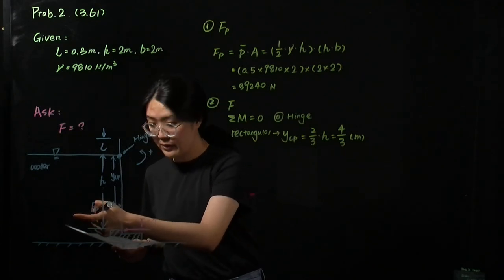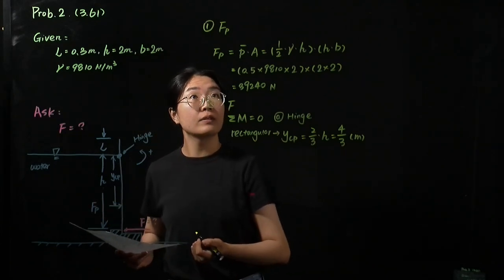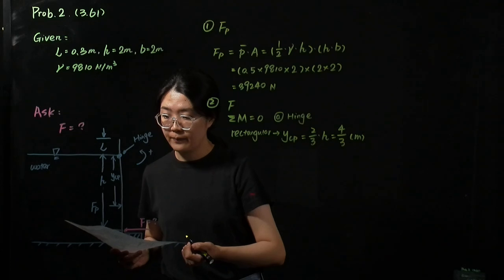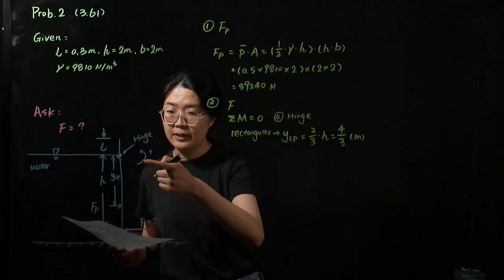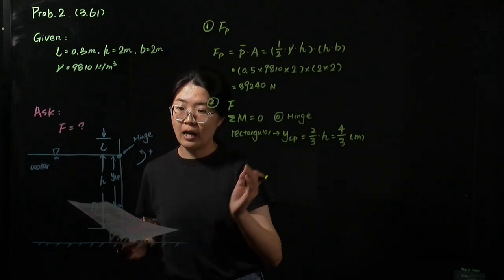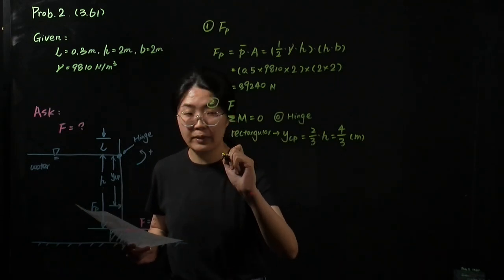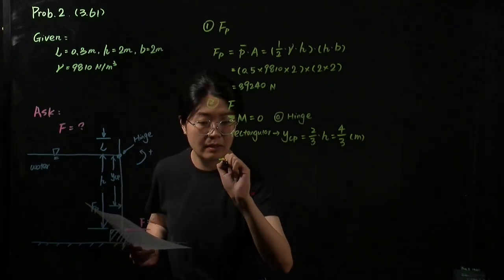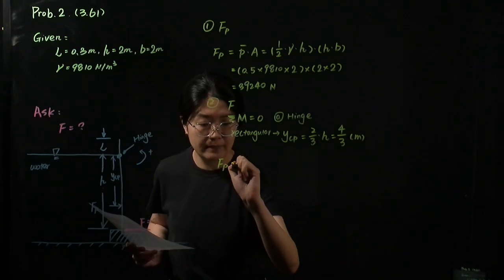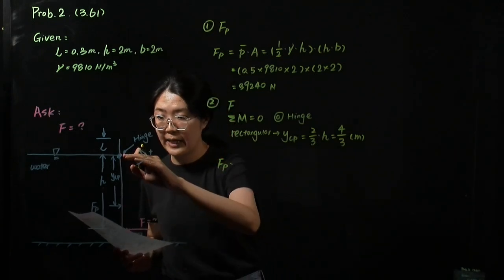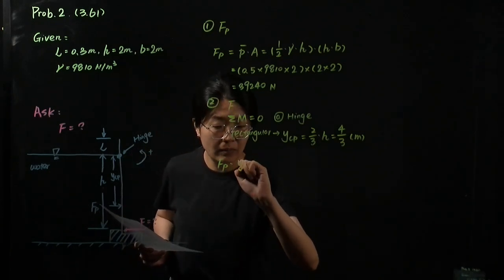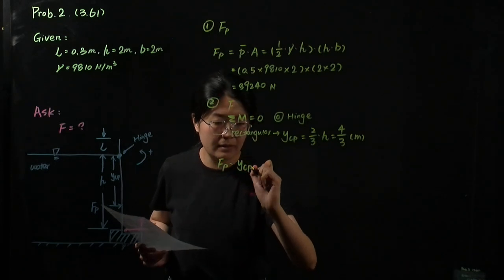So one is the hydrostatic pressure, right? And we define counterclockwise as positive. So we calculate the moment using the force times its distance to the hinge, which is YCP.